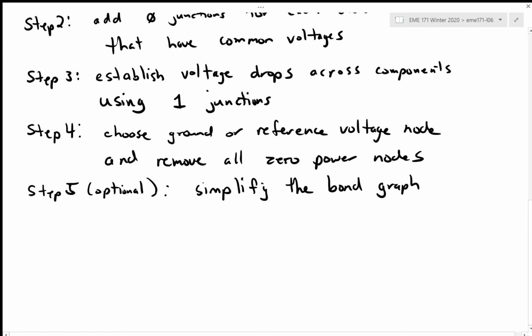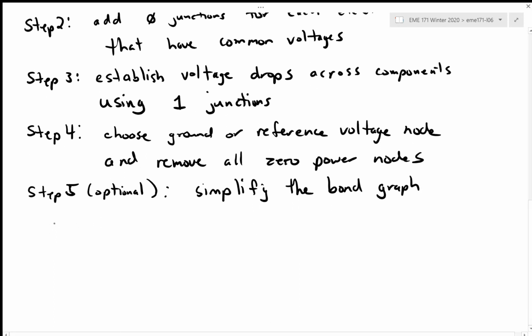So one thing I want to note too before we start is that the 0 and 1 junctions enforce two of Kirchhoff's laws.